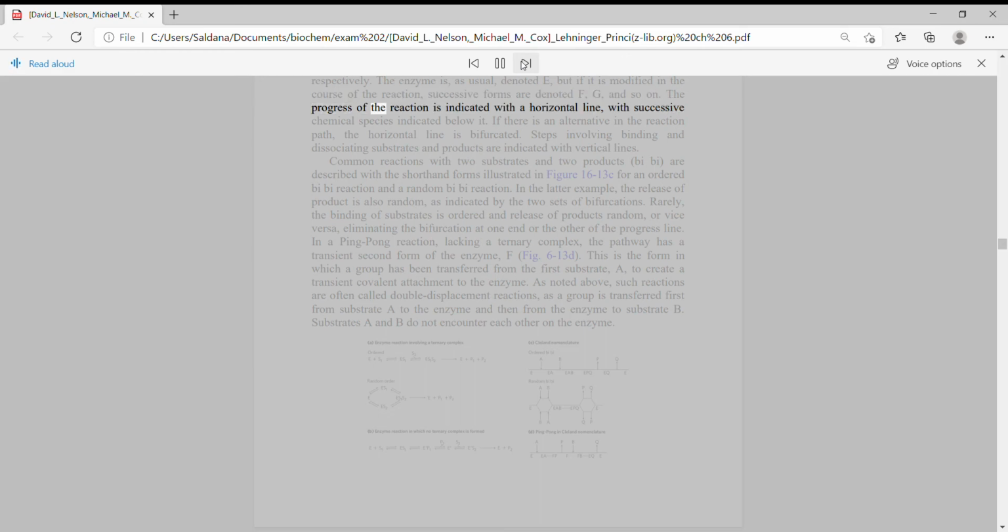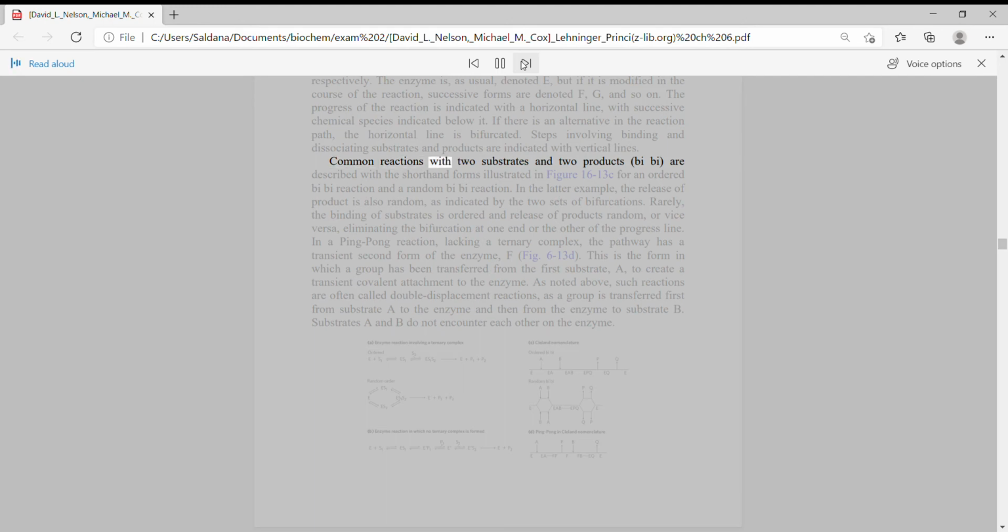The progress of the reaction is indicated with a horizontal line, with successive chemical species indicated below it. If there is an alternative in the reaction path, the horizontal line is bifurcated. Steps involving binding and dissociating substrates and products are indicated with vertical lines.